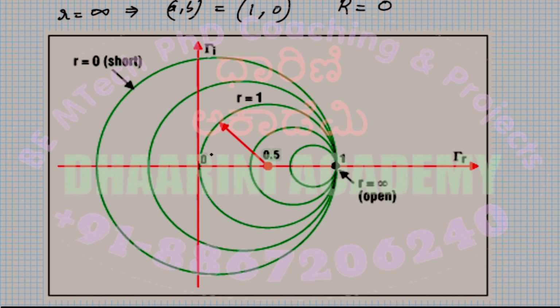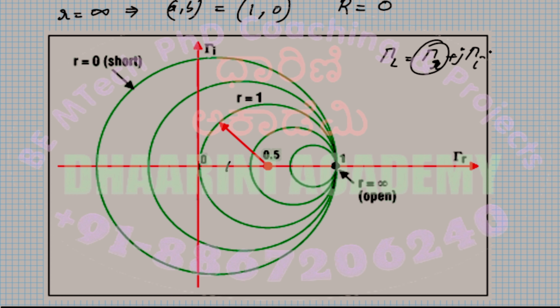Similarly, passing through the 0 point, I can draw a vertical line that will be my y-axis, that is the gamma I. What is gamma I? It is the imaginary part of the reflection coefficient. So corresponding to every load, I get a gamma L value, which is gamma real plus or minus j times gamma I. So the gamma R can be marked along this, say 0.1, maybe here.